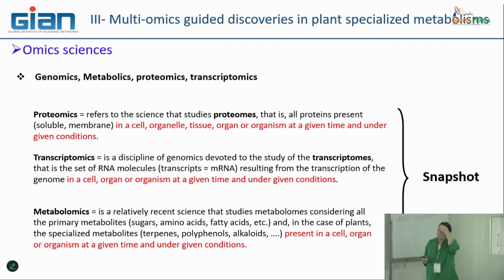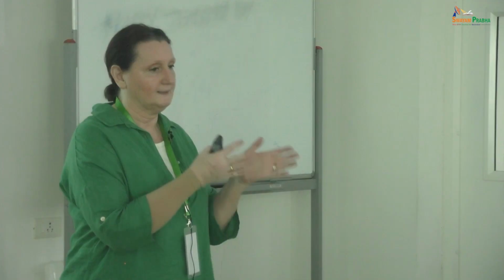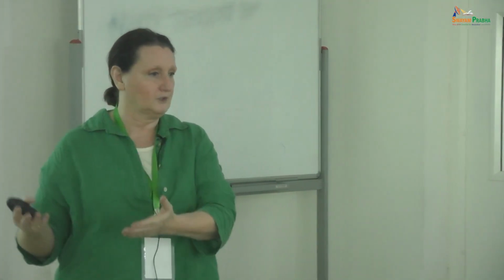So it means that before starting to make some proteome, transcriptome, or metabolome, you need to be exactly conscious of the situation of your plant. And this is interesting because by this way, we can propose to put the plant in different types of condition.